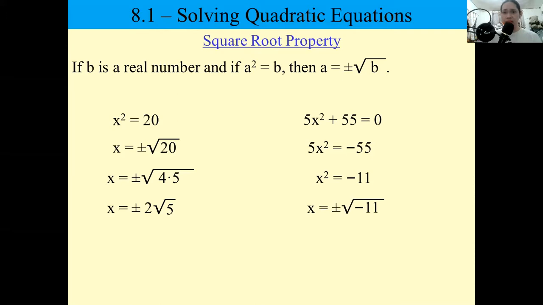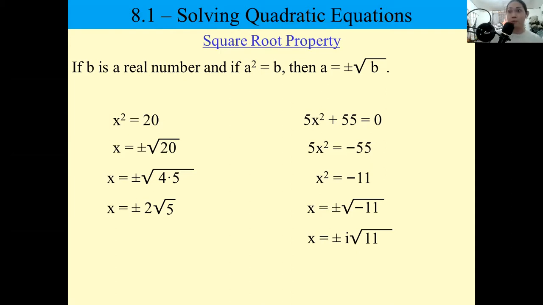So that gives you x is equal to positive and negative square root of negative 11, or x is equal to positive and negative i square root of 11. Where did we get i?